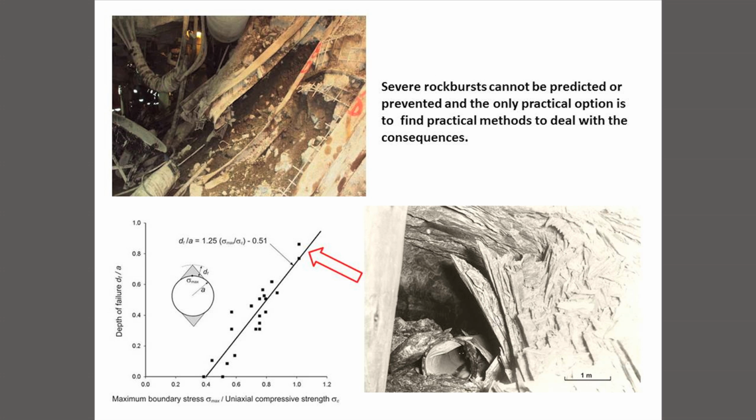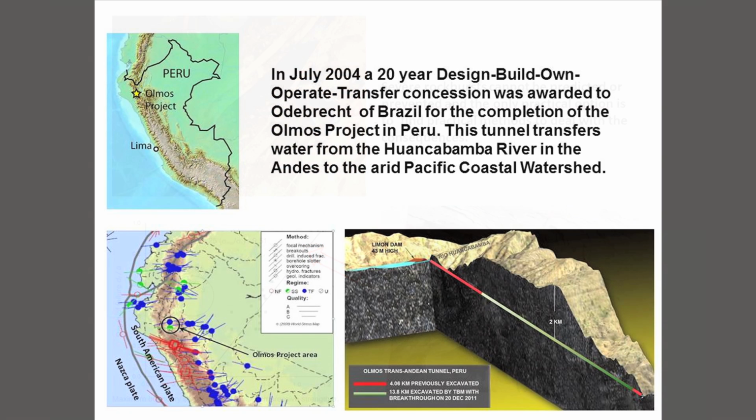And I'm going to illustrate this by an example from a tunnel in Peru called the Olmos Tunnel. It's located right up in the north of Peru, as you see in the slide here. It's a tunnel that goes through the Andes Mountains to take water from the wet area in the Andes to the dry coastal plains of Peru.